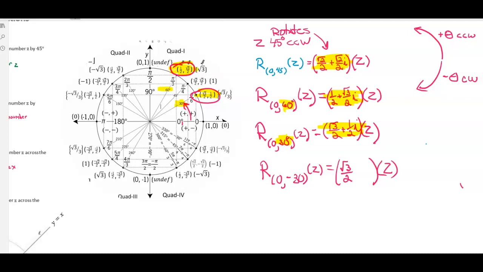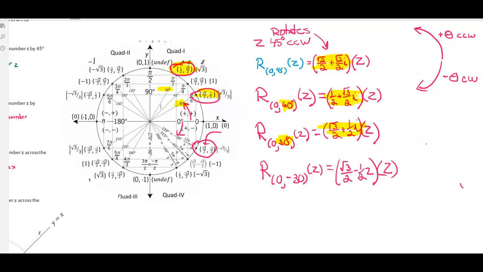So here's negative 30. There's my coordinates. So this is the real part. This part would be positive, root 3 over 2. This part would be negative, 1/2 Z. You see how I got it now?